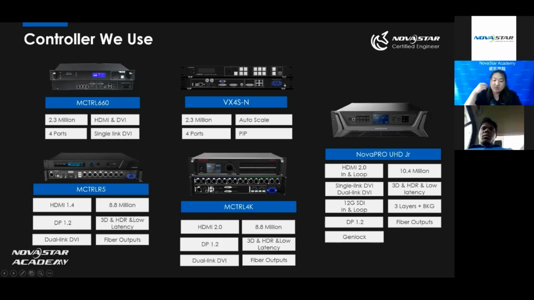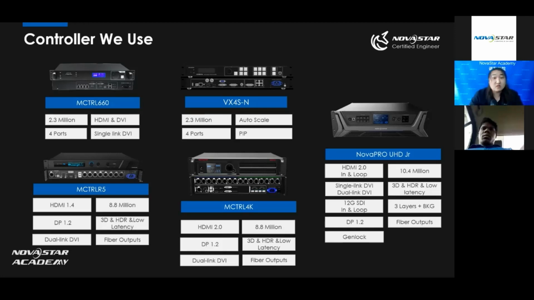That means it's really flexible for you to choose the video processor on the front side. And also it supports 8.8 million pixels. That's a real one, huh? And for the advanced features, it supports 3D, HDR and low latency, and still has the fiber outputs.